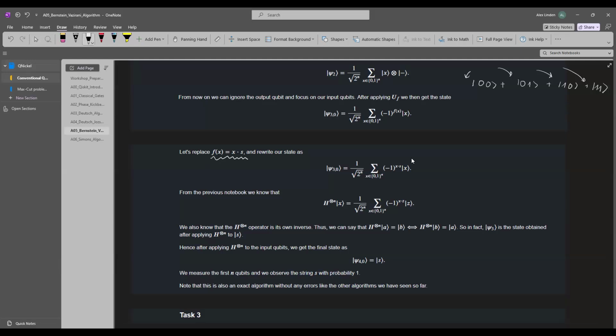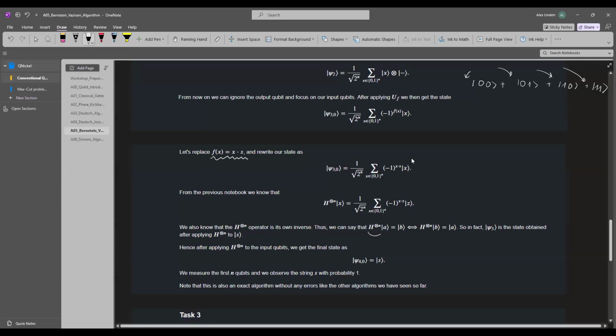Now, very important property here. The H gate is its own inverse. And so we have something like this, that if we apply the Hadamard gate onto A, we get some state B. And what we can rewrite it as is we can multiply it on both sides here.